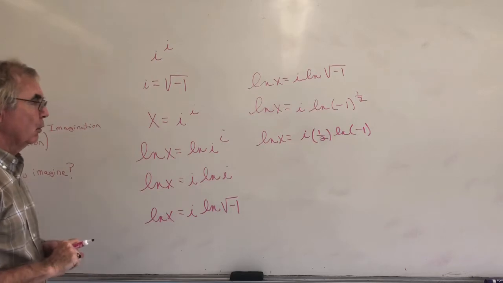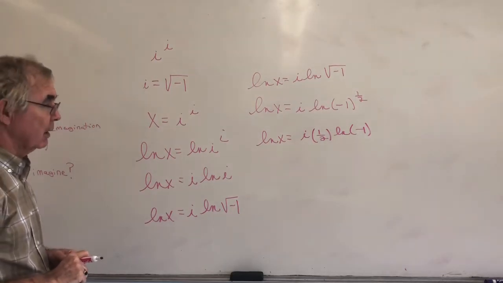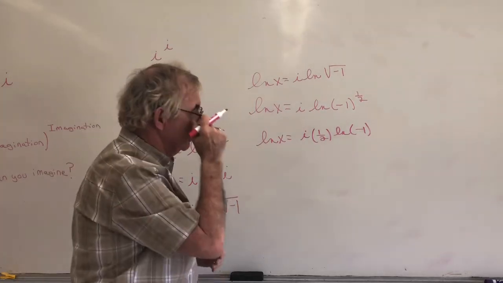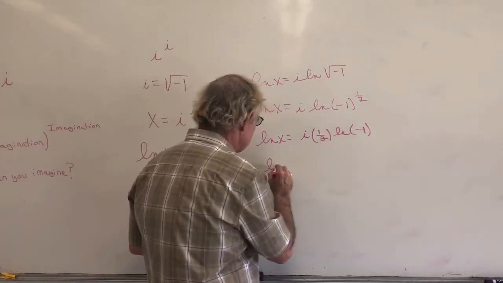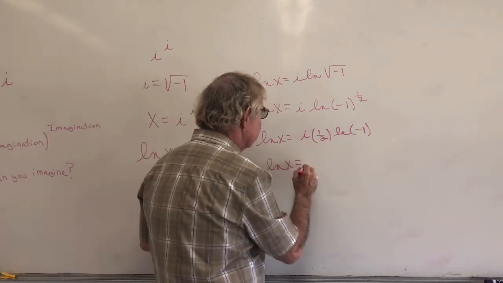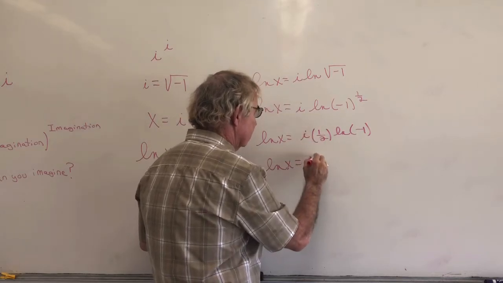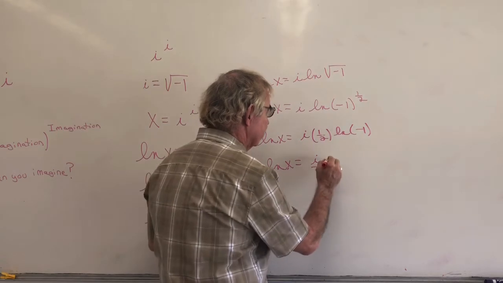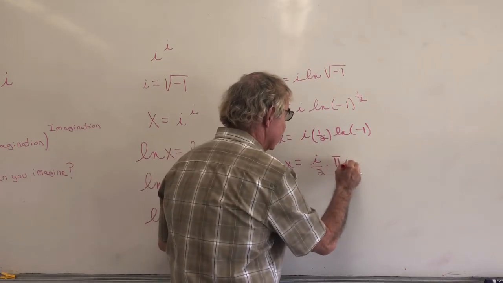And we've learned, I hope, that the ln of -1 is pi times i. Well, this would be i over 2, and the ln of -1 is pi times i.